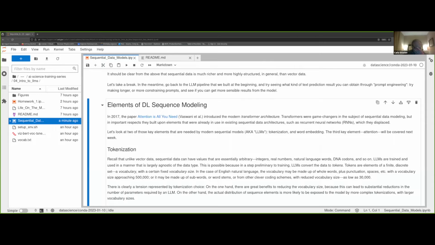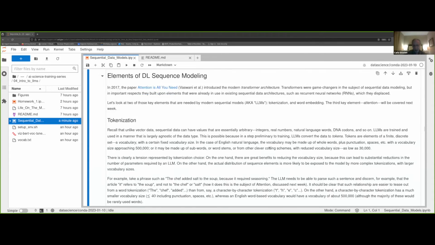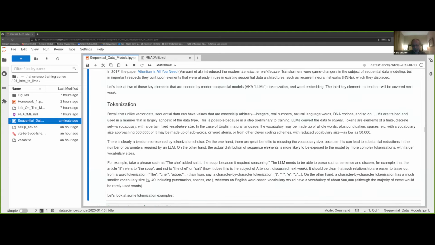There are really three important elements that require discussion. One is tokenization, one is word embedding, and the third one is attention. And I'm not going to discuss attention today. It's kind of a large topic, and I believe Archit is going to take it up when he picks things up next week. So let's start at tokenization.